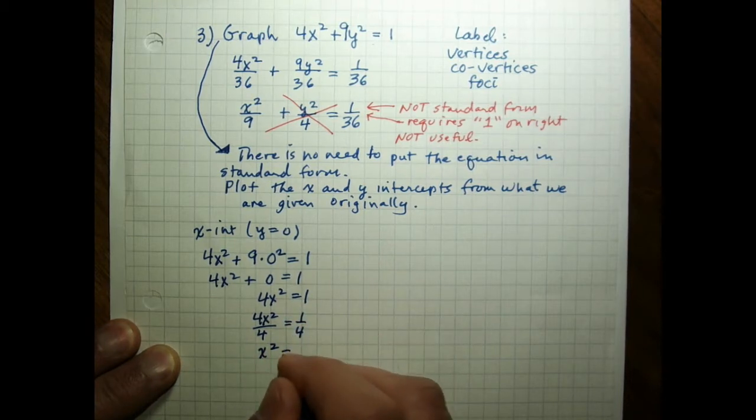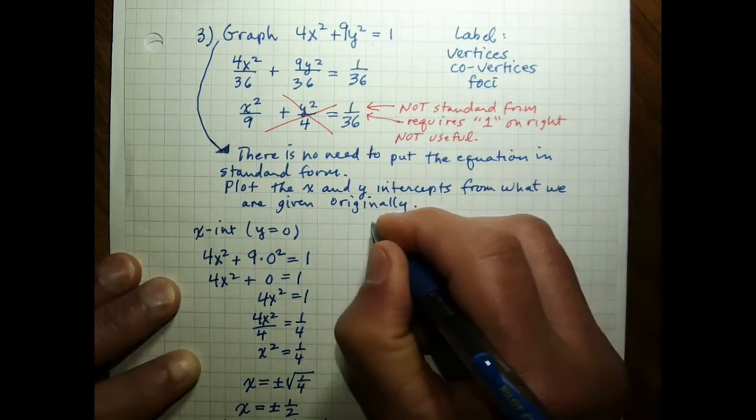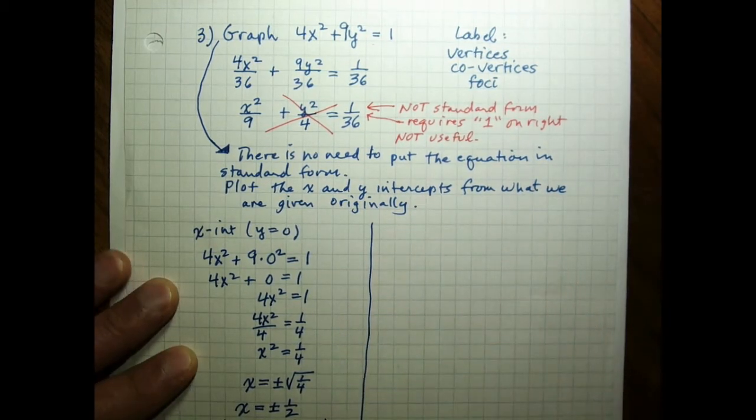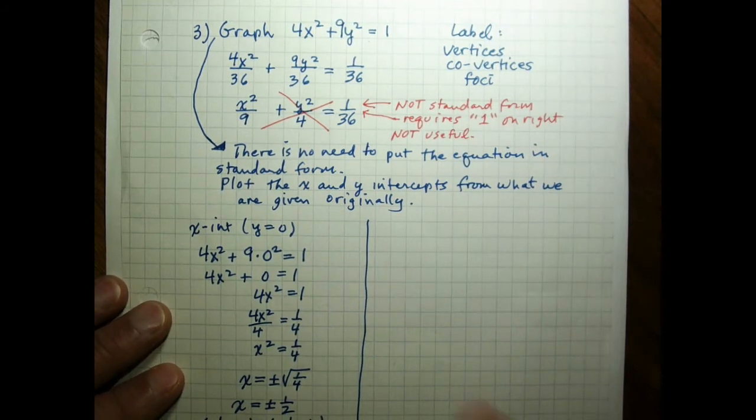I get x squared equals a fourth. Not too bad. x will be plus or minus the square root of a fourth, and that simplifies to plus or minus a half. So (1/2, 0) and (negative 1/2, 0) are the x-intercepts. And see, I got those just fine from the form of the equation that I was given.